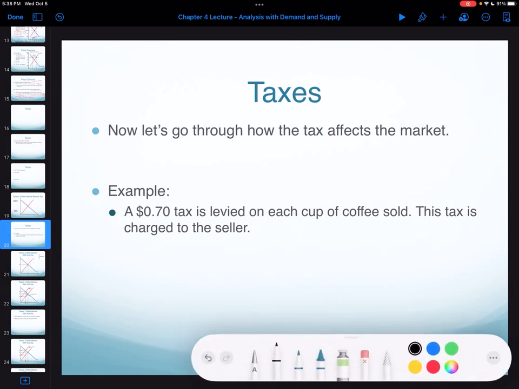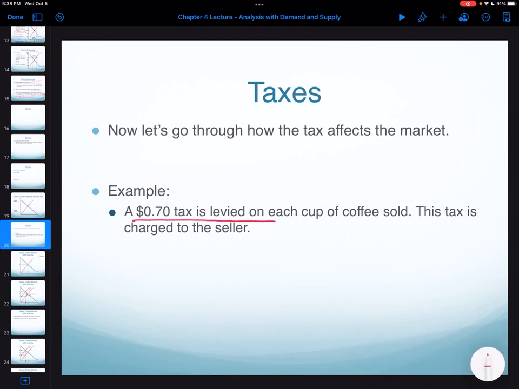I'm going to say there is a 70-cent tax levied on each cup of coffee sold. Okay, this is what's called a per unit tax. We do this in our example rather than a percentage tax, just because a percentage tax makes the graph a little more difficult to deal with.